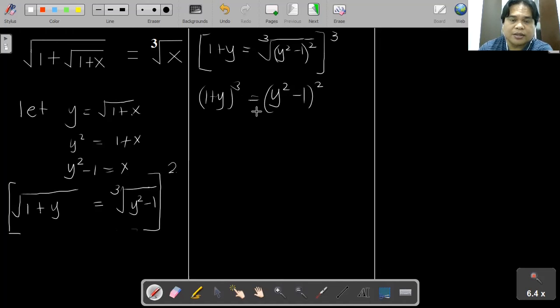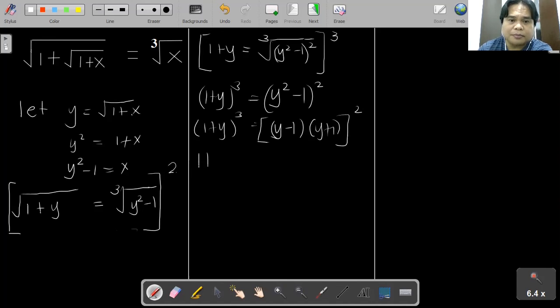Okay, so now that we have already eliminated all the radicals, the next thing to do is just simplify. So 1 plus y cubed. I'll try to simplify y squared minus 1 to the power of 2. If I factor that out, I will have y minus 1 and y plus 1, all together raised to the power of 2, right?